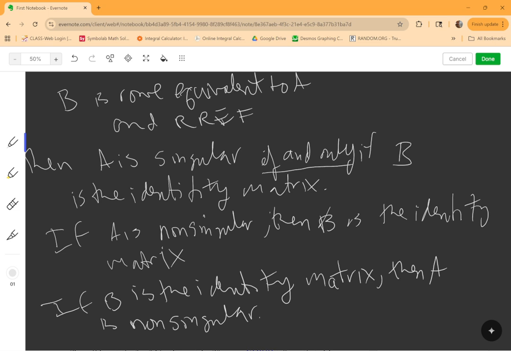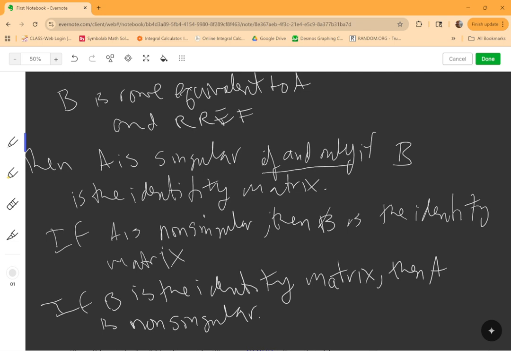This doesn't always work for if-then statements; when you switch them around and write the converse, it's not always guaranteed to be true. But for this type of relationship, called a biconditional, both of these statements are true. It's a much stronger relationship: one implies the other, and the other implies what we started with.